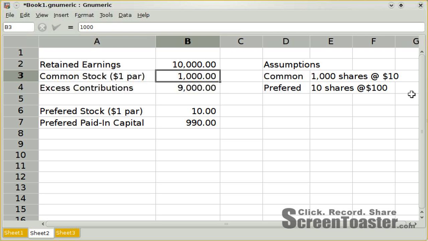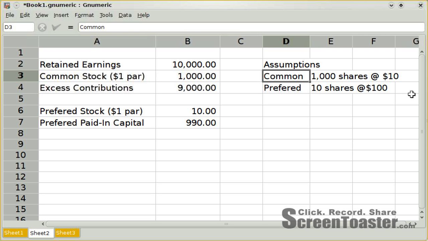So while you may be having in this particular category, in this particular account, just $1 per share for the 1,000 shares, that part that you sold the stock for above and beyond its par value goes into an account that's either called excess contributions or paid-in capital, or you'll see some other names for it.